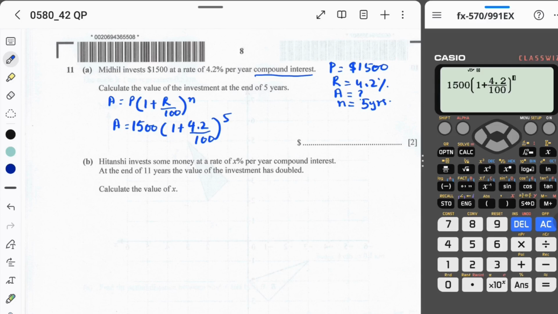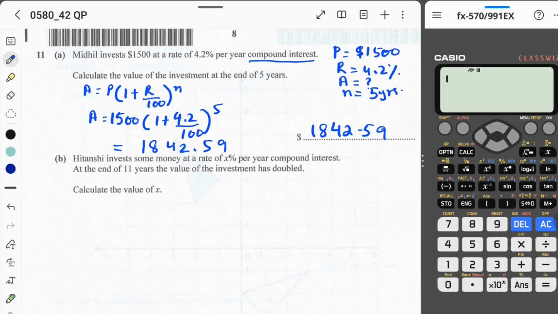So power is 5 here, and that equals 1842.594, so that is 1842.59. If it's required in 3 significant figures, then you will write 1840, otherwise you can write 1842.59, because it's the amount, so we always write 2 decimal places.